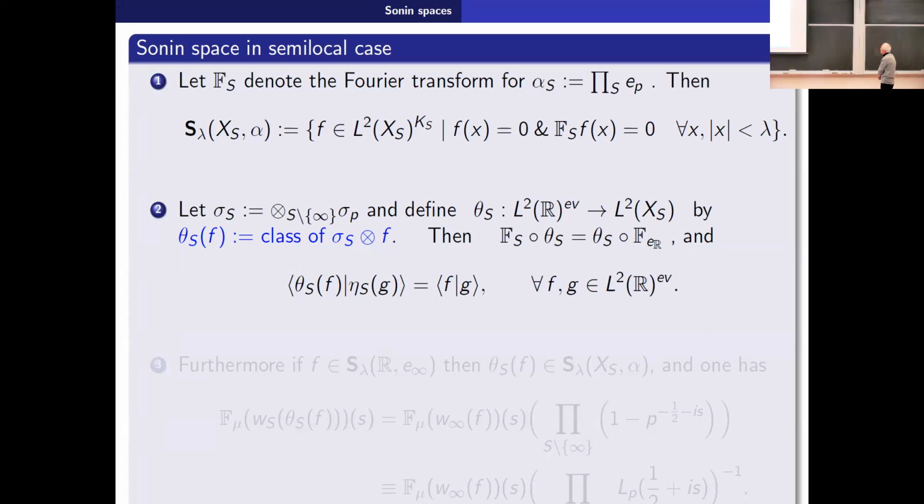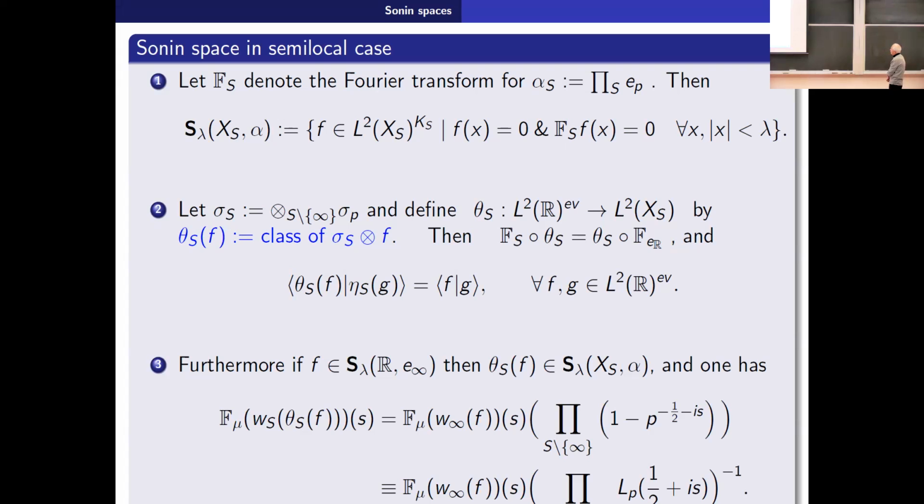You take this sigma of S, and this also is equivariant with respect to the Fourier transform. Okay, so you have this.